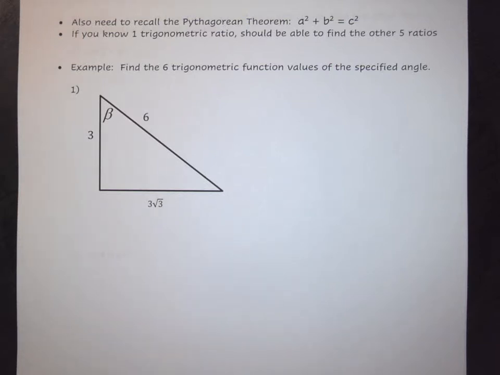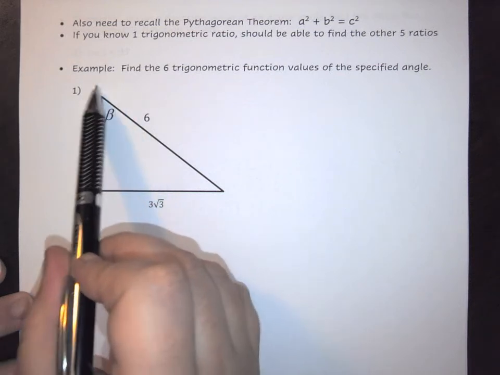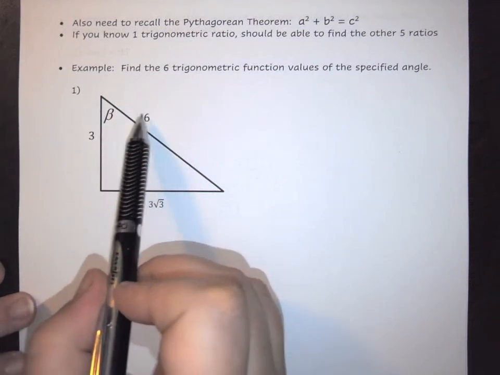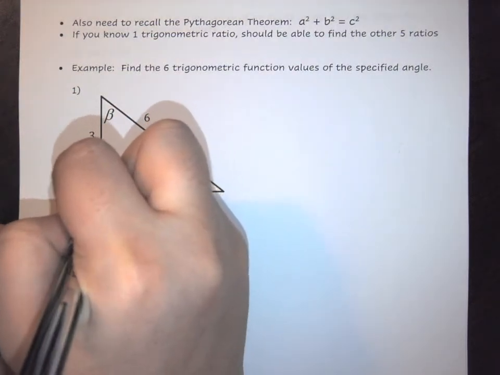So in these examples, we are going to be looking at essentially how to take the triangle information given and find the trig ratios that match that triangle. So here we're giving you a triangle. We've labeled this upper angle as beta, and then we've labeled the sides. So my right triangle fits here.